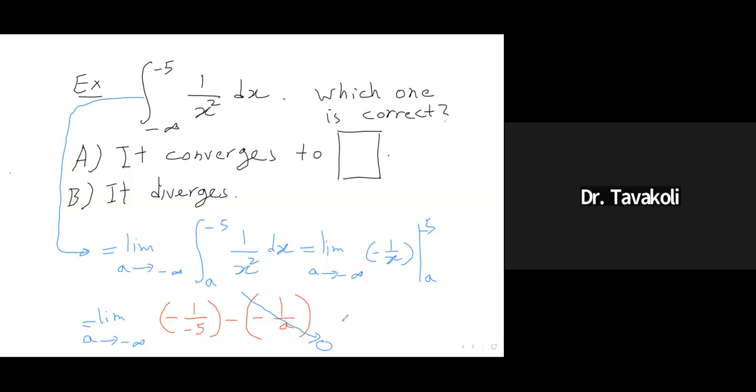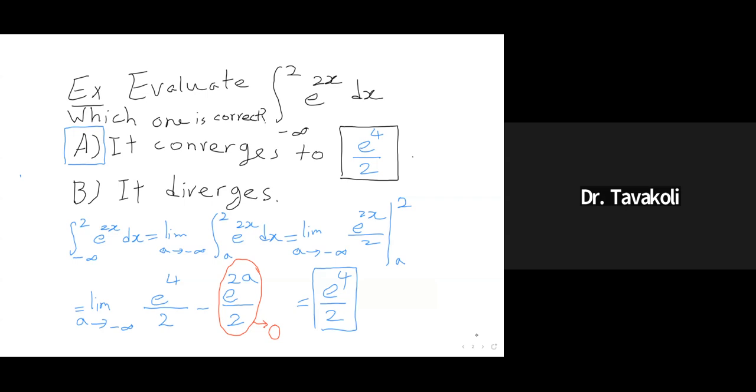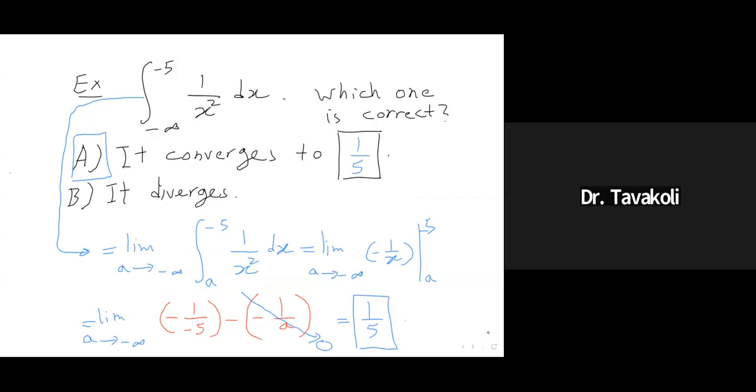So the only thing remaining here is minus 1 over minus 5, which is 1/5. So the value of this integral is a finite number, 1/5. So we choose A. In both of these two examples that we have done so far, the integral was a convergent integral.